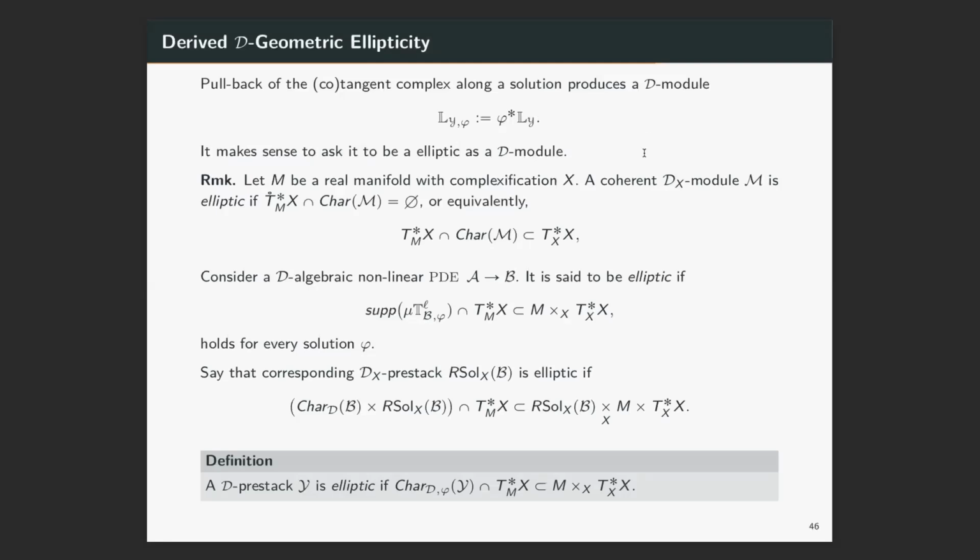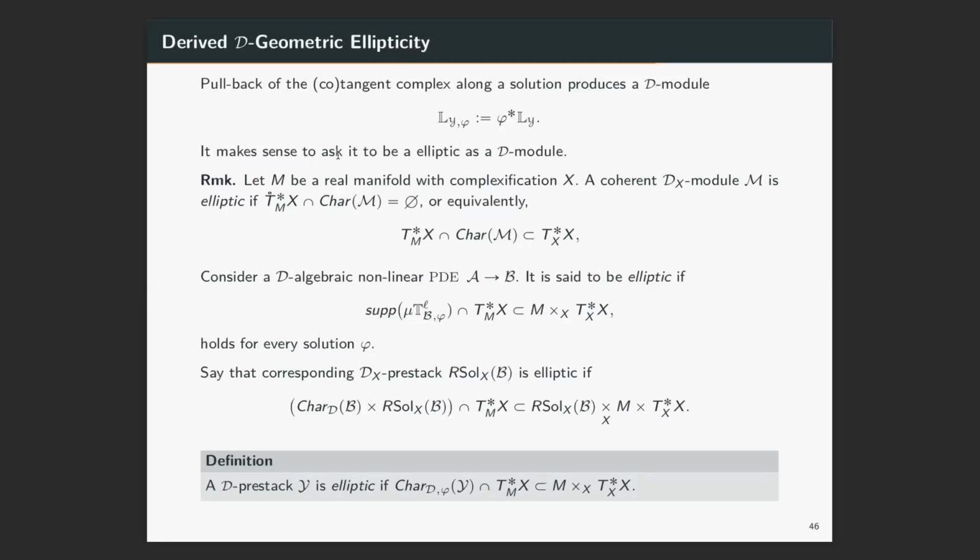So tensored with D, this looks like functions on a product of spaces. So what's the space that has its algebra of functions, the sheaf of differential operators? It's a bit unclear, but the point is, once we have a solution and we pull back an A-D module, we're pulling it back to X. And what this does is it removes a dependency on A. And so this is a D module.